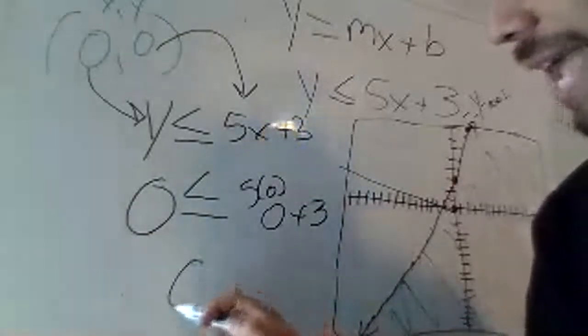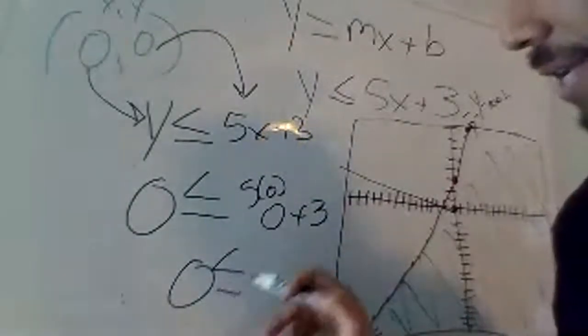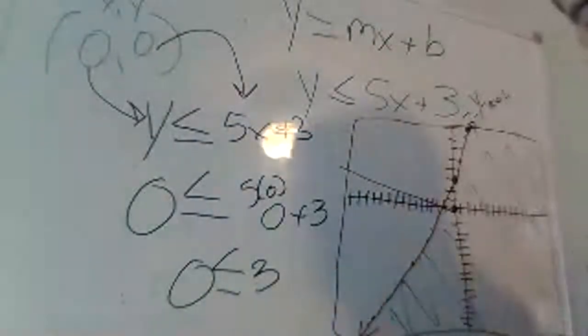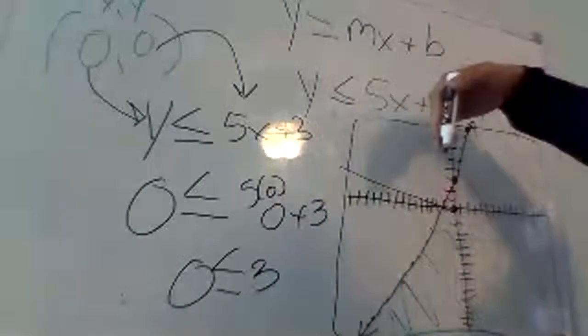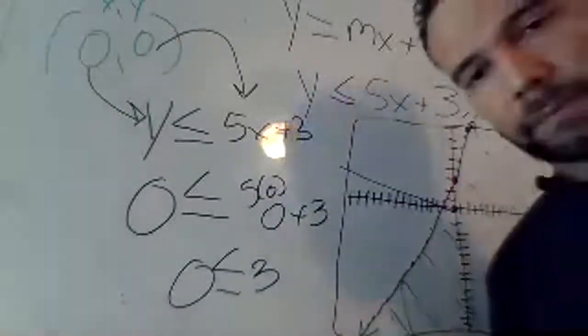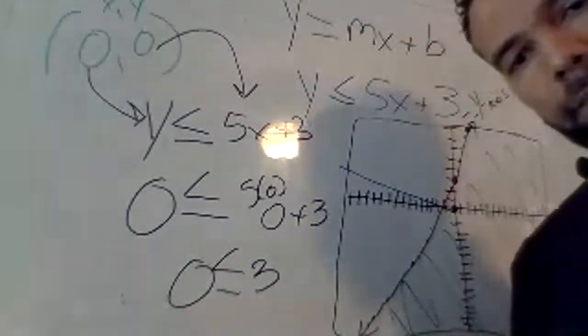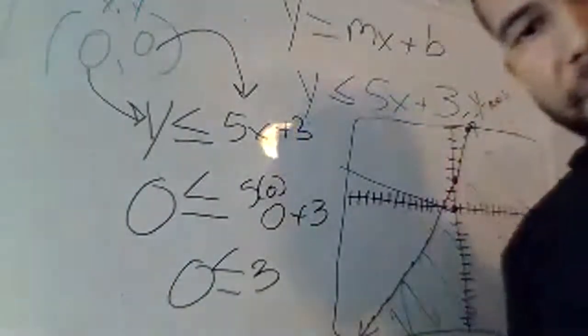So is it true that 0 is less than or equal to 3? Yes. So because it's true, I would shade below the line.